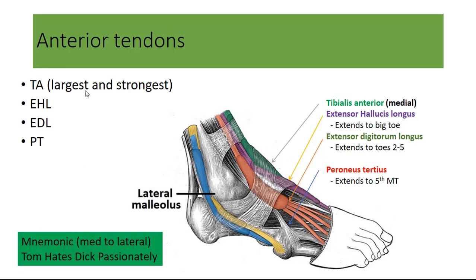Tibialis anterior is the largest, the strongest, and the most medial, and then they run from medial to lateral in this order. And if you like mnemonics, you can say for the anterior part of the ankle, Tom hates Dick passionately, with passionately being our peroneus tertius. Not to forget that. We should be passionate about remembering this.